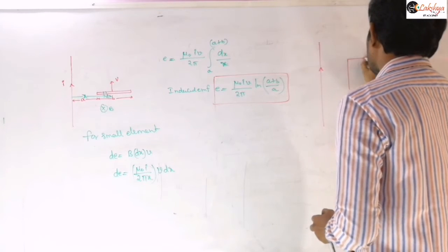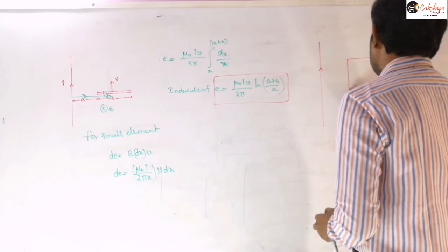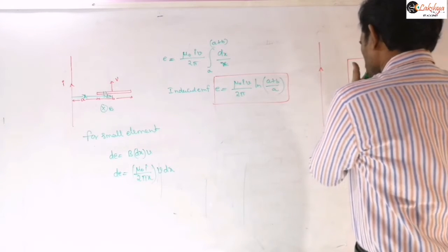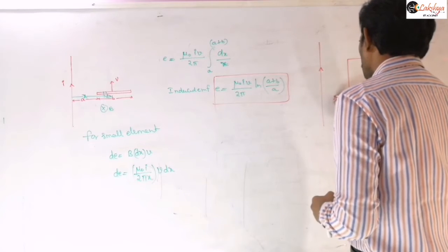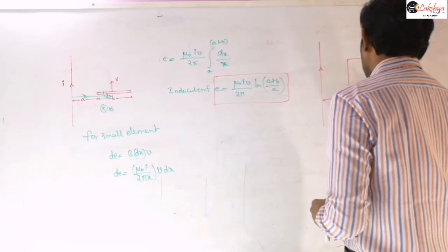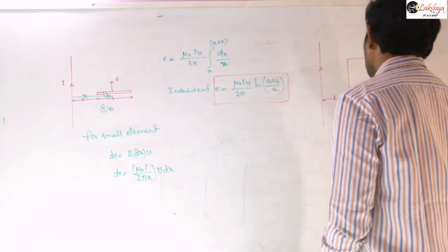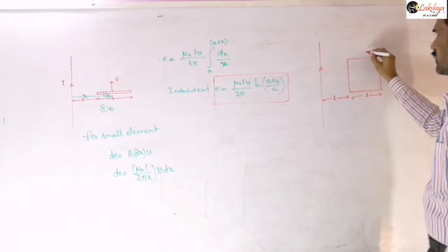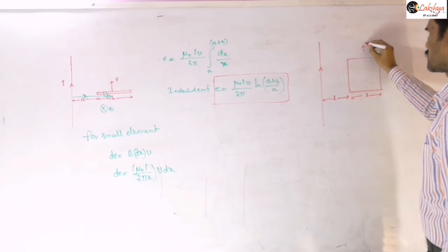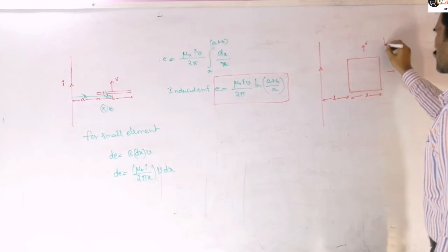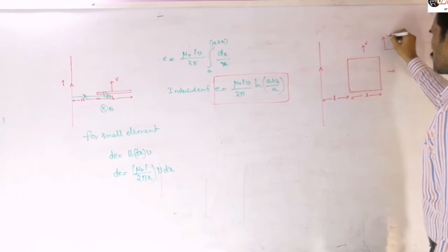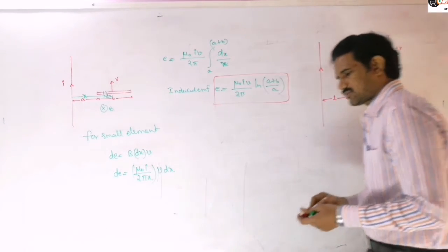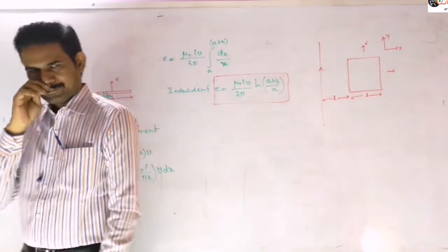Now this is a closed loop I am taking. Suppose this length is L and this is a square loop of side L I am taking here. So you need to find the induced EMF produced in this loop when the loop is moving along, in the next case, along this direction. Suppose I am taking this XY direction here. So I will write the common question for that.